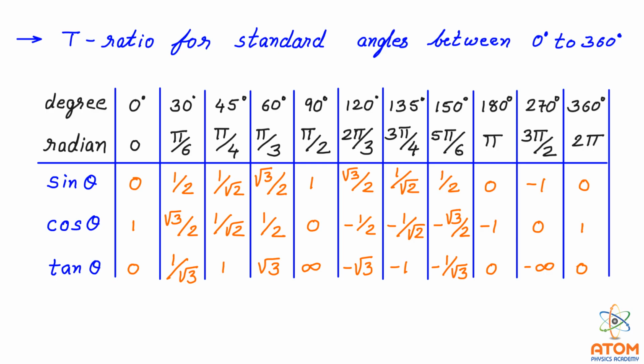You know, to convert any angle from degree to radian, you have to multiply it by pi by 180. So here all of these standard angles are already converted into radians.